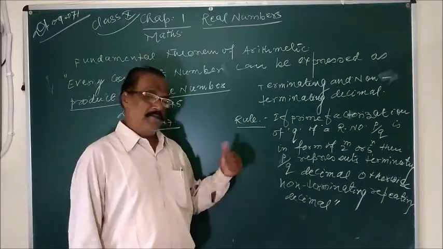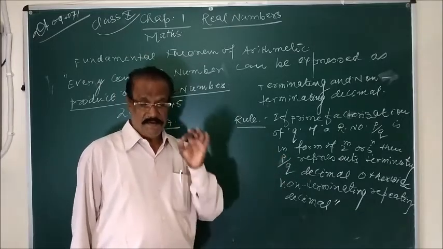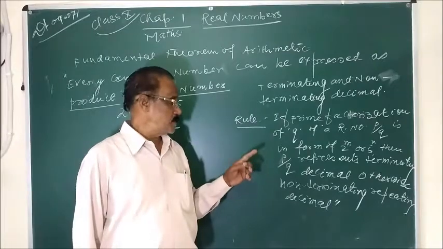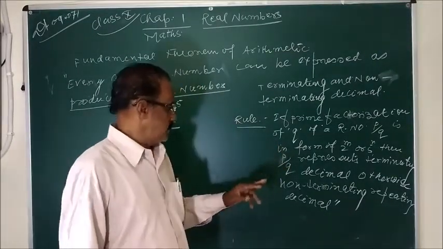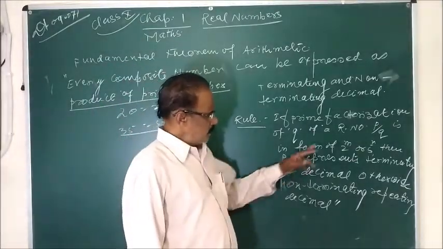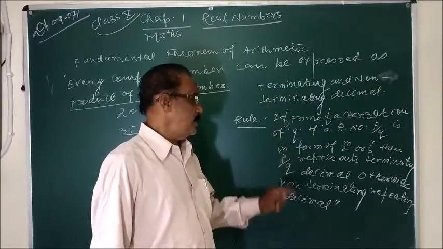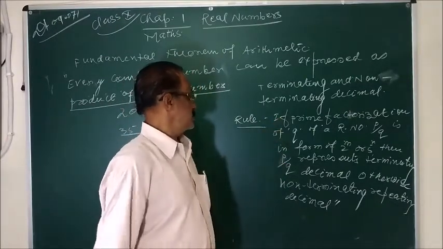And you can verify by dividing numerator by denominator, and you can easily prove that this rule is okay. And if the prime factorization of the denominator q is not in this form, that will be non-terminating repeating. So my dear students, you will remember this rule.